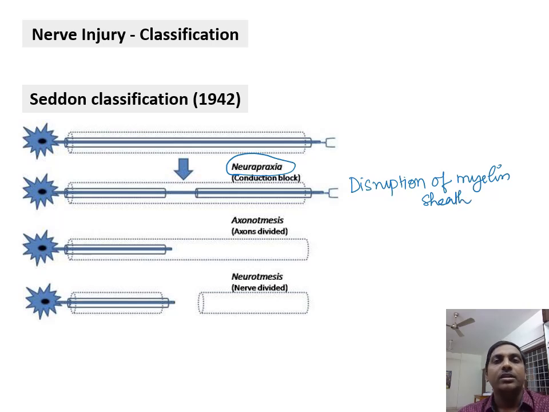Neuropraxia is nothing but disruption of the myelin sheath. So what happened? Only the myelin sheath has to seal. The rest of the nerve is not disturbed. So there is no need for any regeneration or recovery time. It will be a complete recovery.